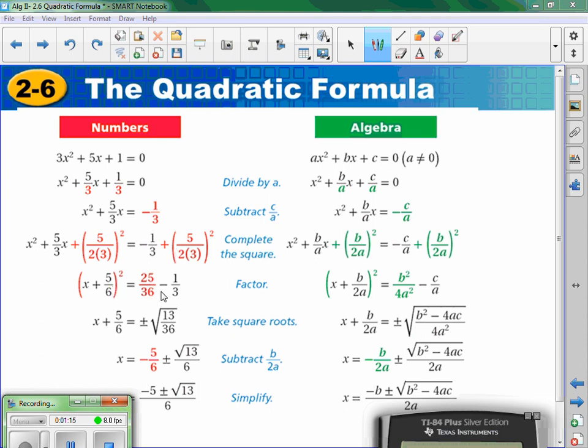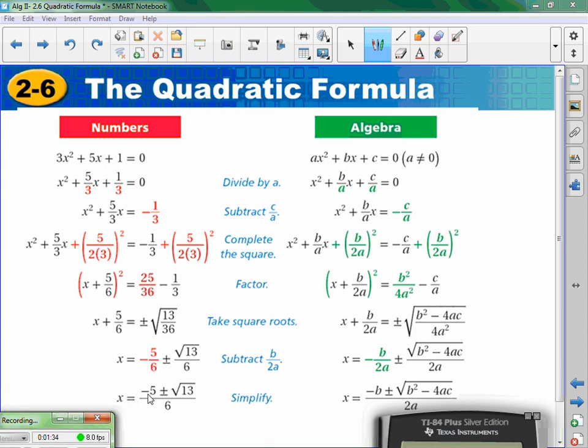Factor it, do the subtracting. Square root, x plus 5/6 equals plus or minus square root of 13/36. Don't know the square root of 13. Square root of 36 is 6. They both have common denominators. So it's -5 plus or minus square root of 13 over 6. That's what you've been doing the whole last section, correct?